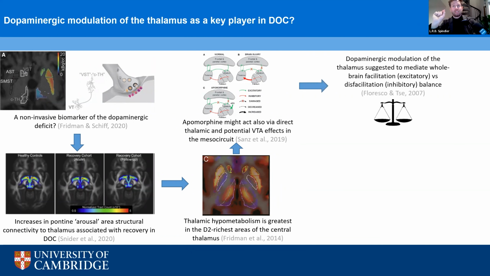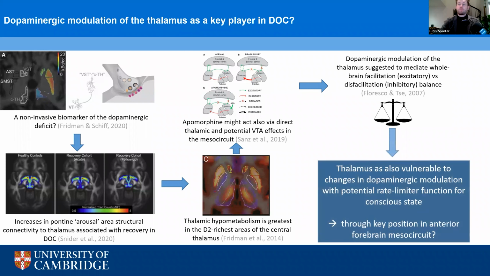Because overall, dopaminergic modulation of the thalamus in preclinical studies has been found to be very much involved in attuning the whole brain balance between facilitation and disfacilitation. So it very much seems like including this modulatory relationship explicitly might be a way of operationalizing good working hypotheses in this context.